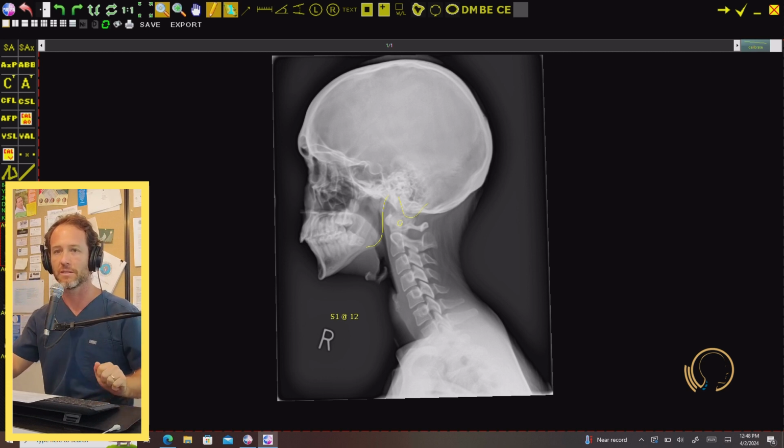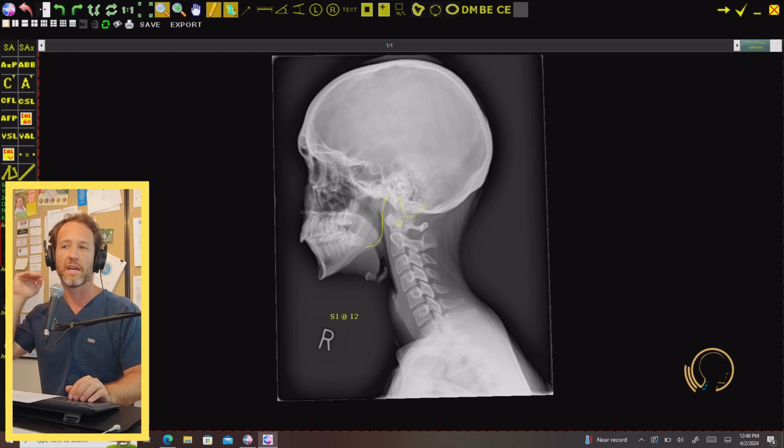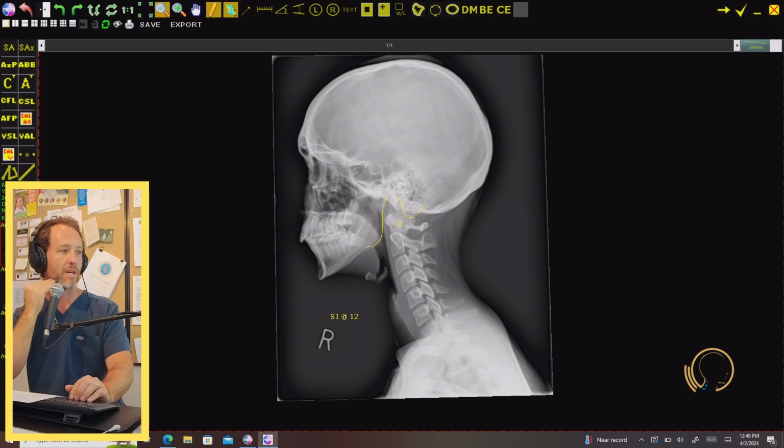You're just using the chair to rotate them to eliminate rotation. And we're making sure that from the central ray standpoint, that kind of horizontal line of that central ray is hitting the EAM, the mandible line, and then the vertical is hitting that EAM running through there.